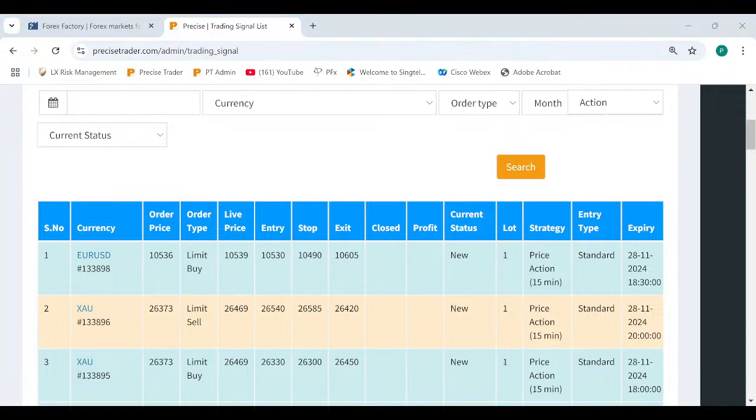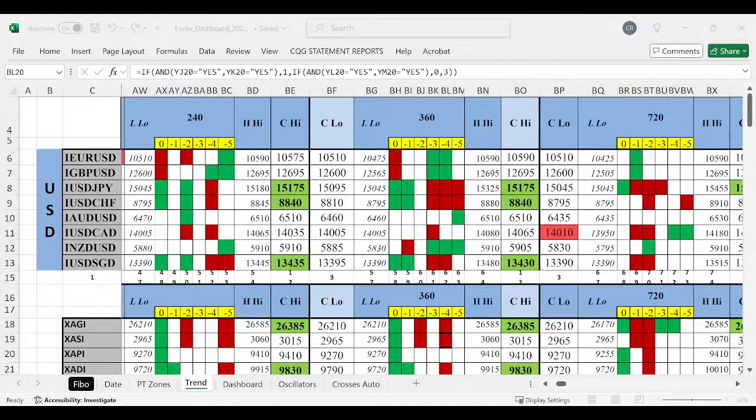Okay, now next we go on to the pound. Pound is also in a similar situation. Let me check on that.